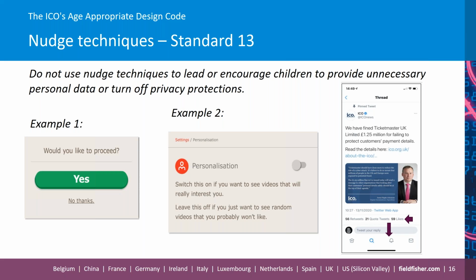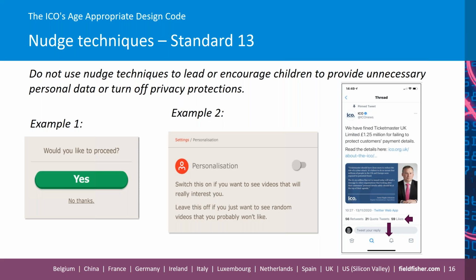So for example, there has to be a neutral. There's no necessarily prescriptive way to do it. There is no prohibition of using nudge techniques, but what is made clear is how they shouldn't be used to collect unnecessary data.